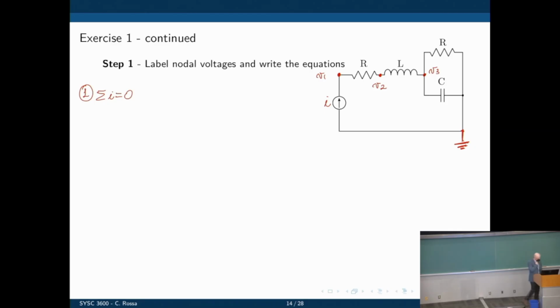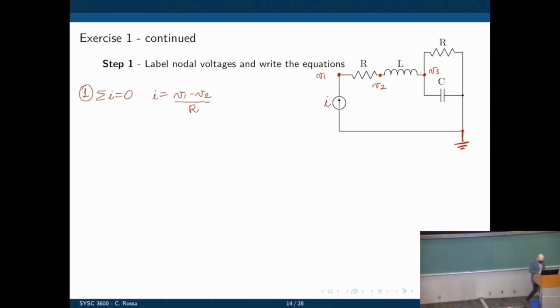So the system must balance: the current going in equals the current going out, which is the voltage difference across the resistor divided by the resistance, V1 minus V2, because in this particular case V1 is greater than V2, so we have a positive number. So I equals V1 minus V2 over R. Very good, that's for node 1.